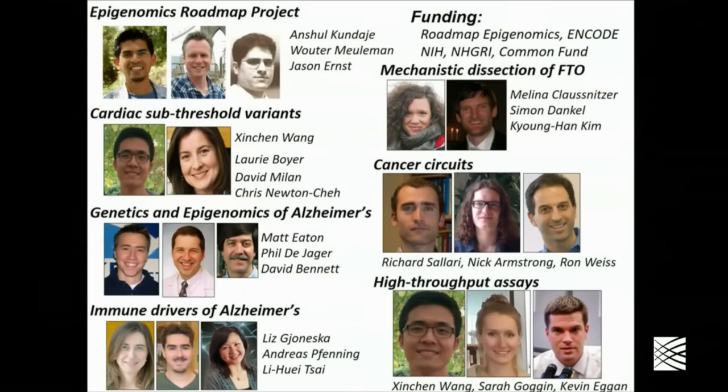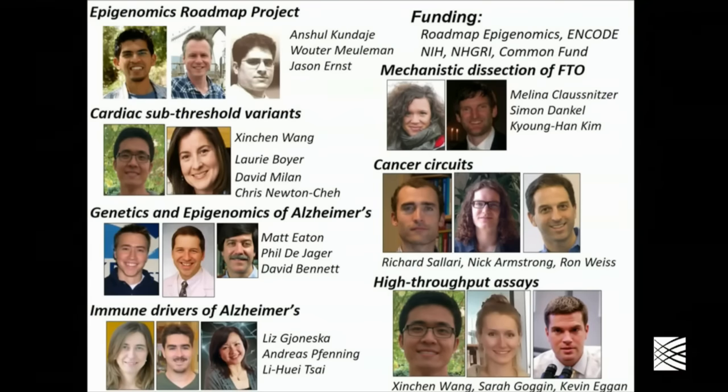So this would not be possible without amazing collaborators. In the context of the Roadmap project, it was led by Anshul Kundaje, Wouter Meuleman, and Jason Ernst in my lab, who are now at Stanford, in Seattle, and at UCLA, each with their independent labs. Xinchen Wang did all of the subthreshold work in cancer in collaboration with Laurie Boyer.